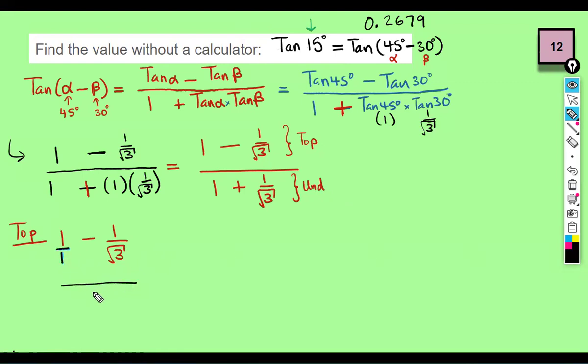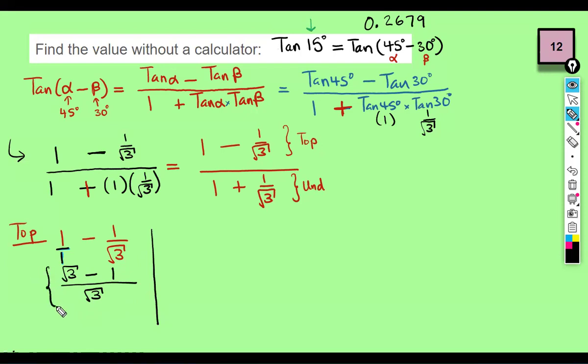So what's the LCM here? The square root of 3, right? 1 into the square root of 3 is the square root of 3. Square root of 3 multiplied by 1 is the square root of 3. Square root of 3 into itself is 1. 1 multiplied by 1 is 1. So that's what I got for the top, if I try to simplify it.